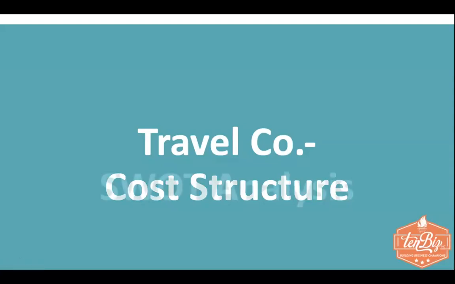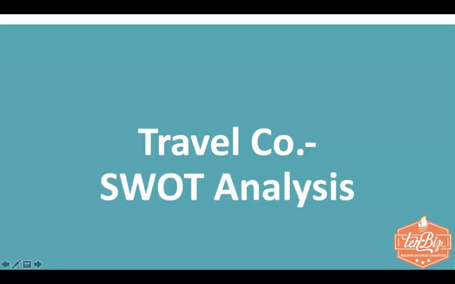And another thing is to do a SWOT analysis. We did a SWOT analysis in our session last time. SWOT stands for strengths, weaknesses, opportunities, and threats. As they're doing this reconfiguration, a SWOT analysis is also something that's going to help them determine if their business model is strong or not.